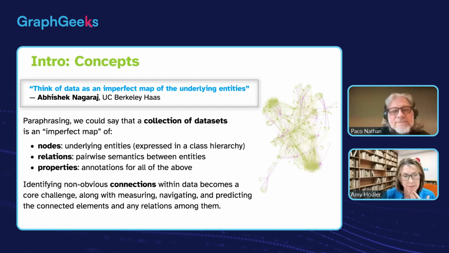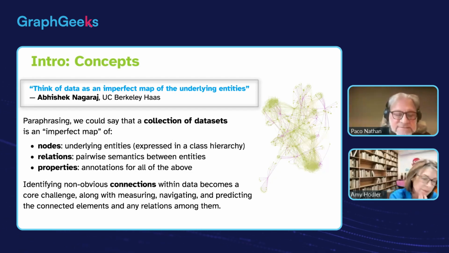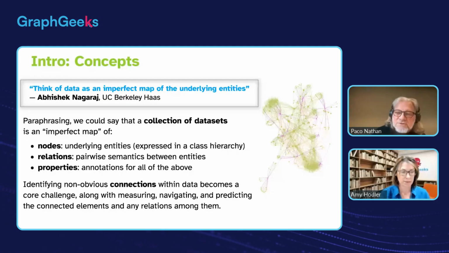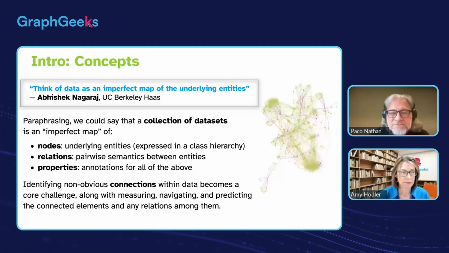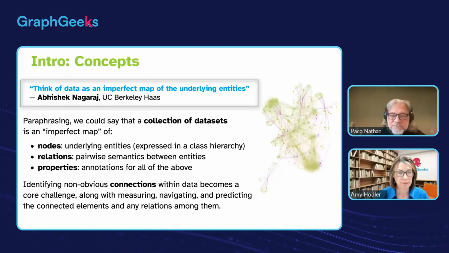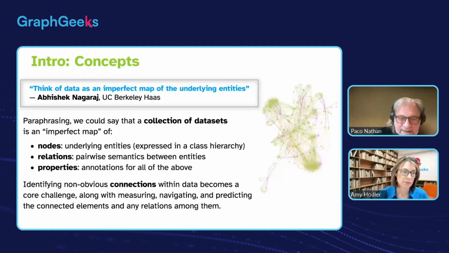But we could say that any collection of data sets that you want to work with is an imperfect map. And when you start to merge those data sets together, what you get are the underlying entities that are being represented, probably in some kind of class hierarchy. Those will become nodes in a graph. And then you've also got semantics of the connections between the entities being represented. Those will become relations in a graph.